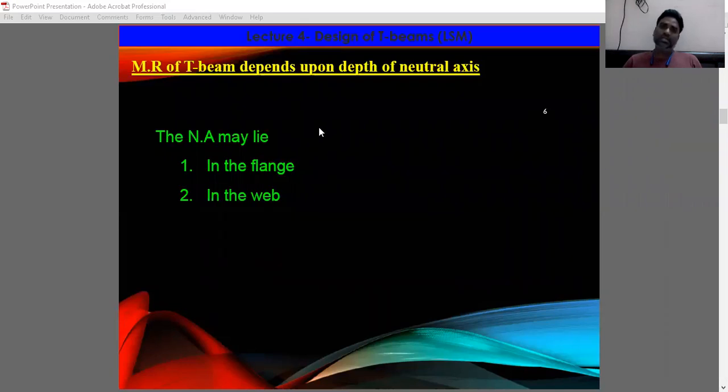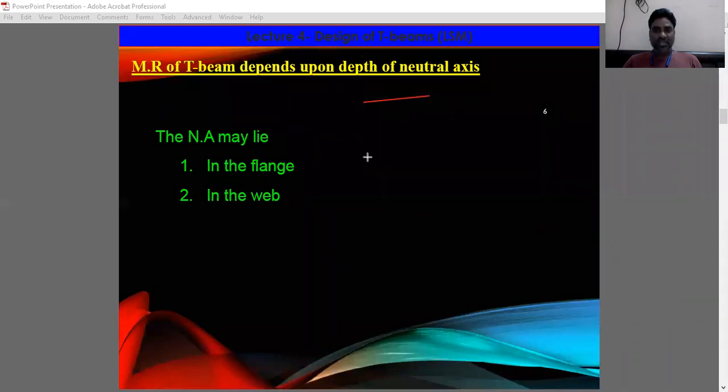So, the difference between the rectangular beam and the T beam is this. This is a rectangular beam, right? And this is the neutral axis, right? Here the width of the beam is the same at bottom and top, or at least up to the depth of the neutral axis it is the same.